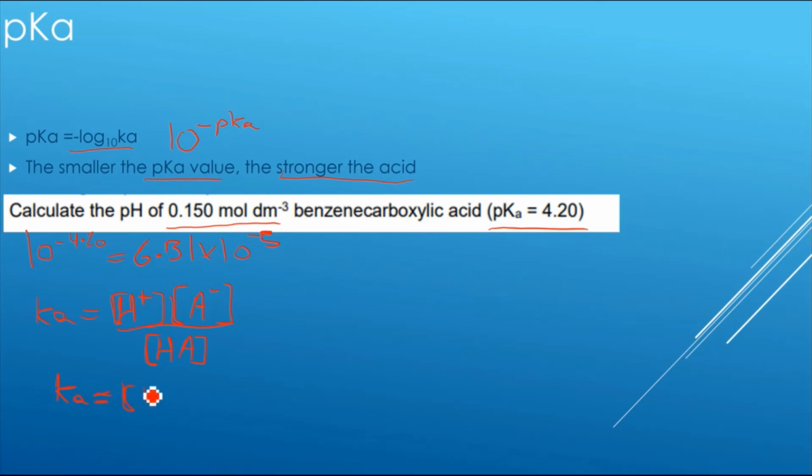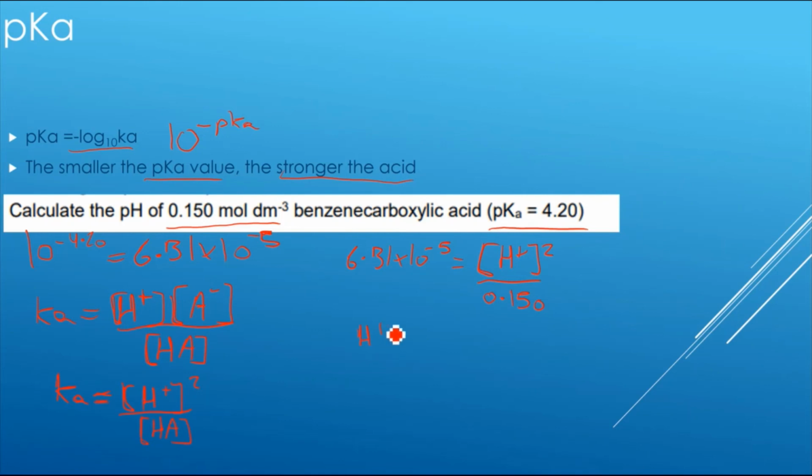So I can just write H+ squared over HA. And then I can start to sub the values in. So Ka, I know, is 6.31 times 10 to the power of minus 5, equal to H+ squared over HA, which is 0.150.